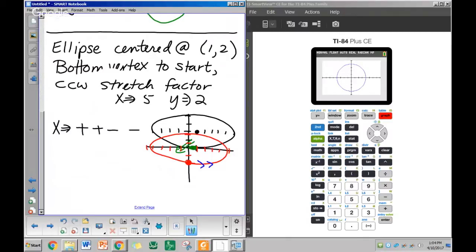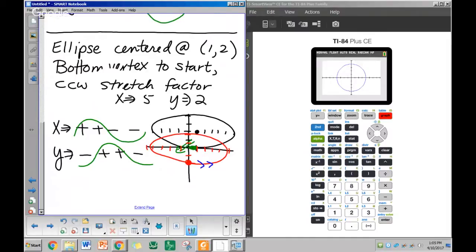You follow? And then the y's, if I start down here, are in this quadrant what? Negative, positive, positive, negative. So in our mind, what kind of curve is this? This is a positive sine curve, and this is a negative cosine curve.